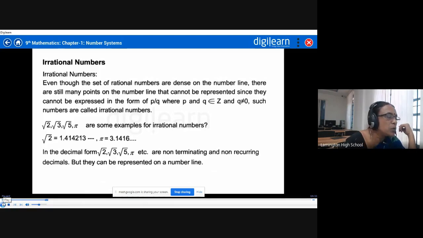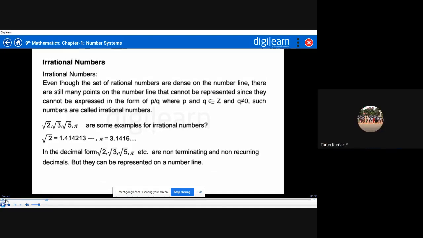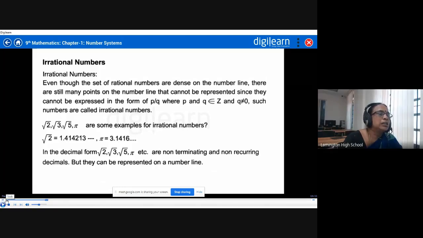For example, root 2. What is the value of root 2? 1.414213, and so on. This cannot be expressed in the form of p by q. So they are called irrational numbers.